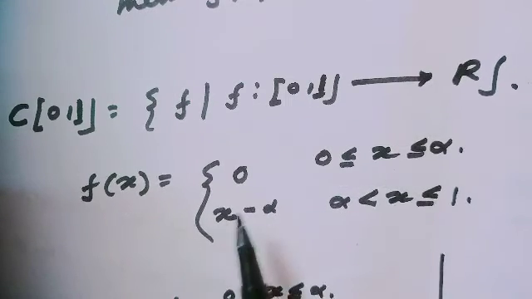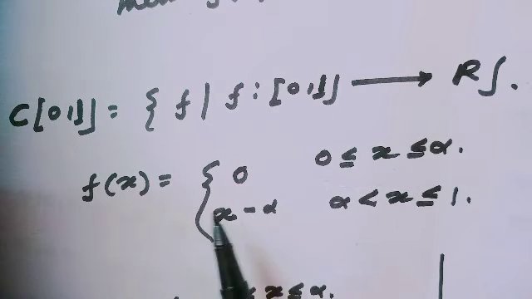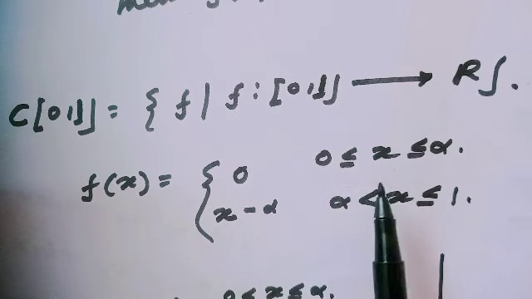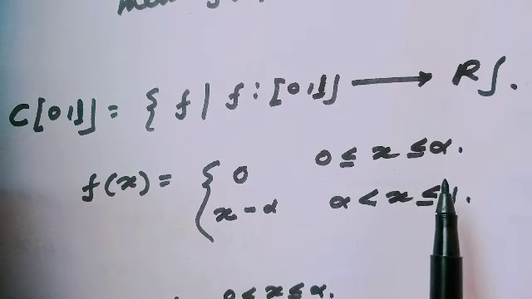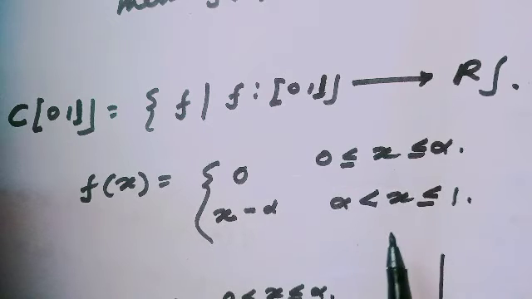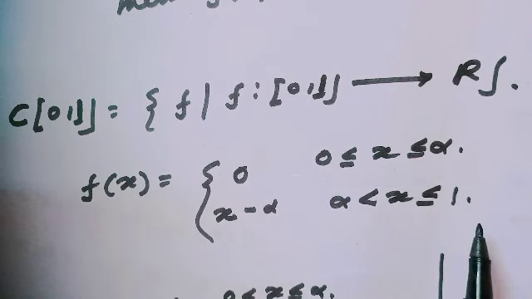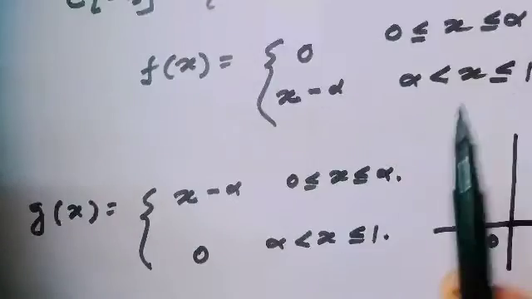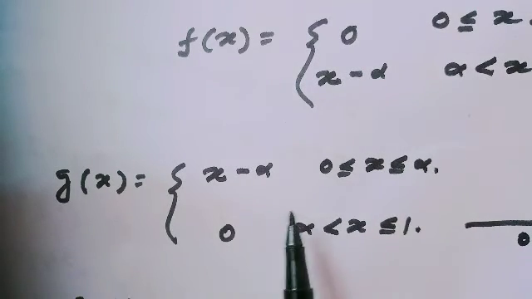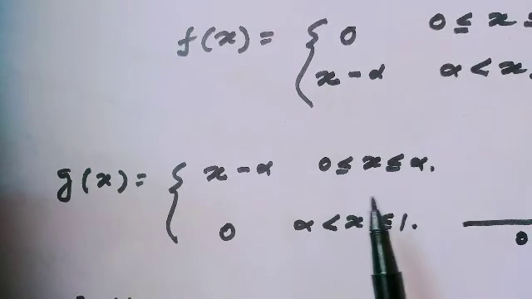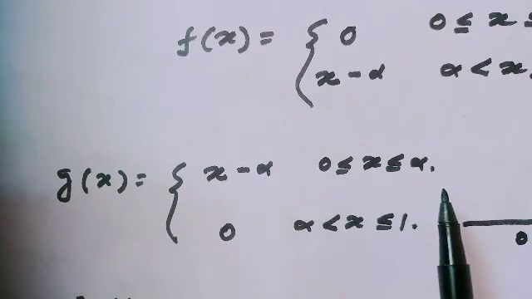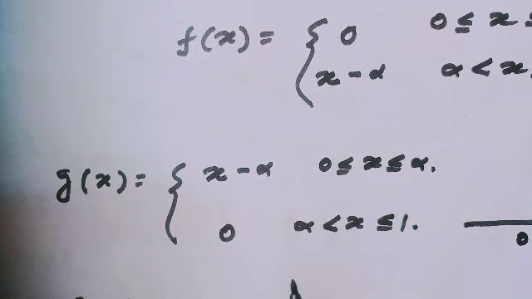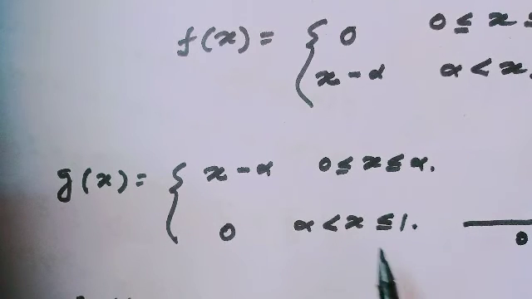If we consider the functions of this type: f(x) equals 0 on the interval 0 ≤ x ≤ alpha, and from alpha to x ≤ 1 the value of the function is x minus alpha, and g(x) equals x minus alpha in the interval 0 ≤ x ≤ alpha, and 0 in the interval alpha < x ≤ 1.